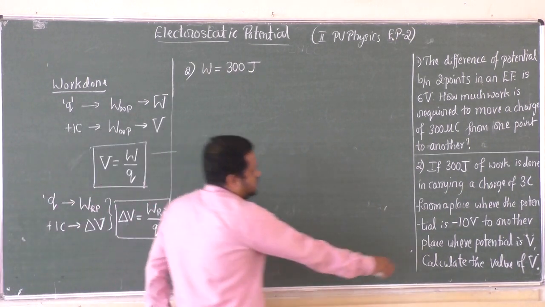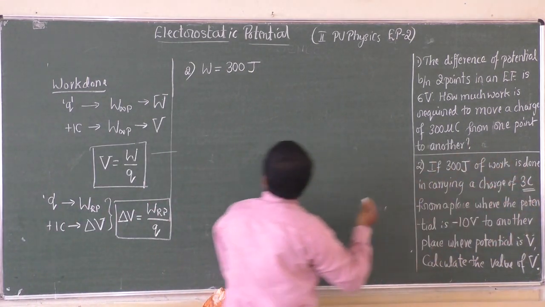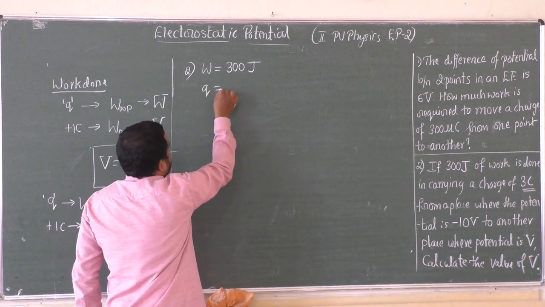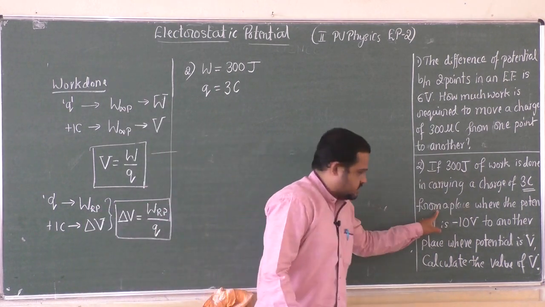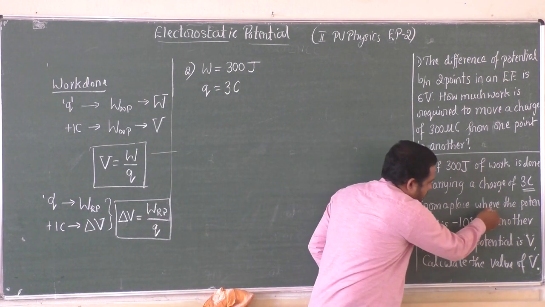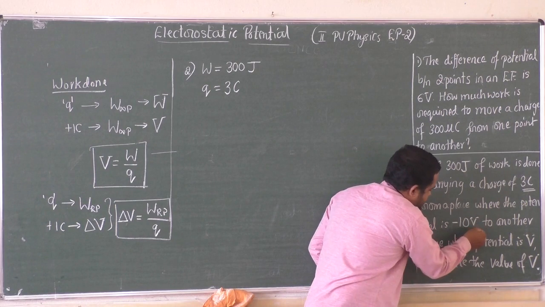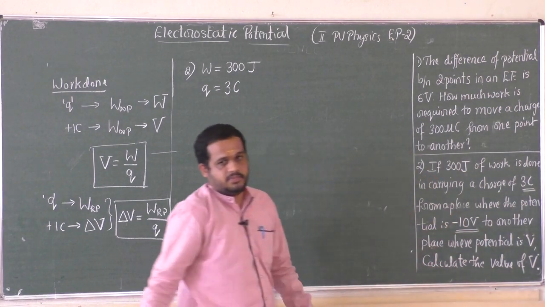Magnitude of charge moved in this case is given here. Magnitude of charge Q is equal to 3 coulomb from a place where the potential is minus 10 volt.